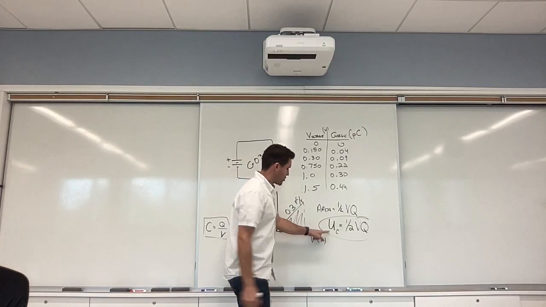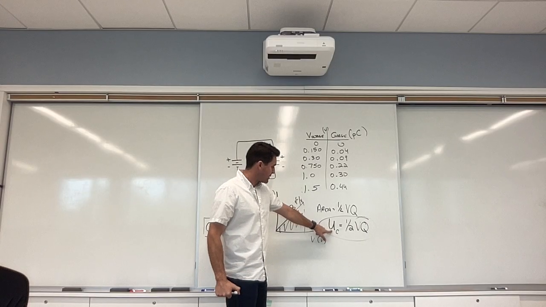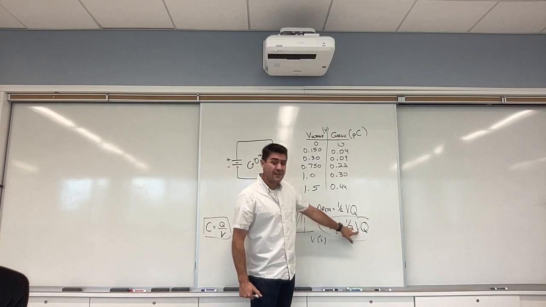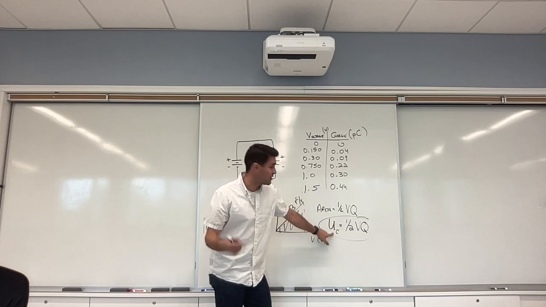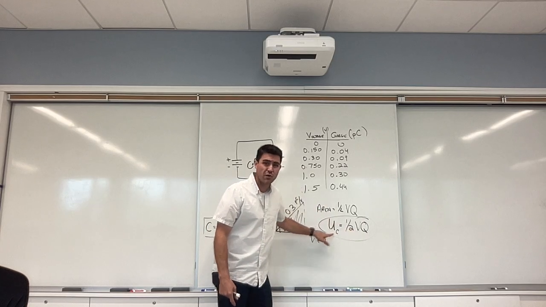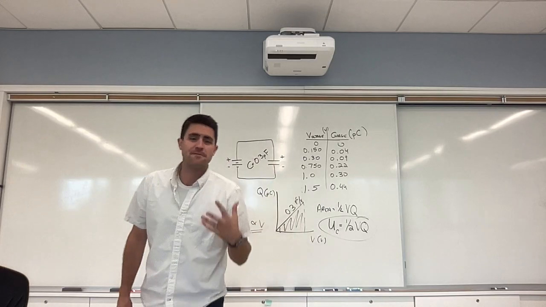If I think proportional reasoning, I would think, well, if I double my voltage, I'll just double my potential energy because I see that voltage is directly related to potential energy. But that's not the full story.